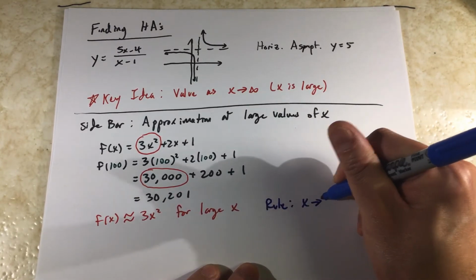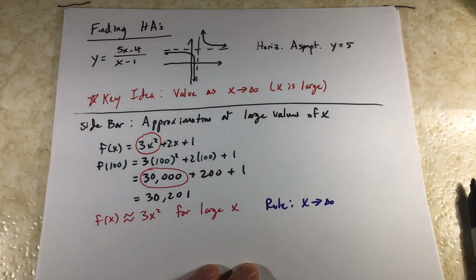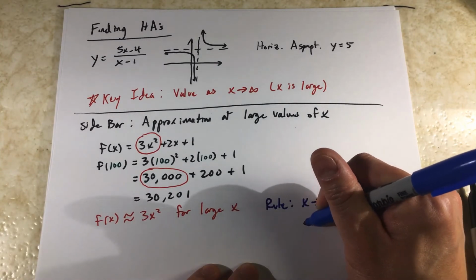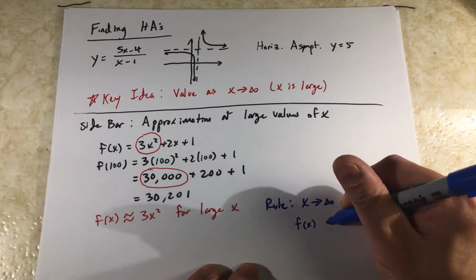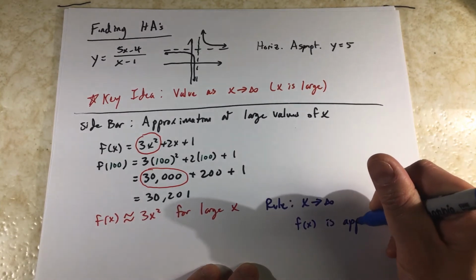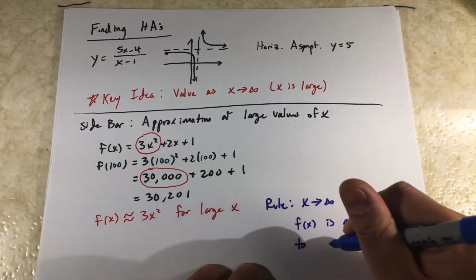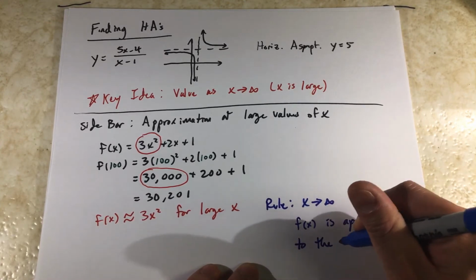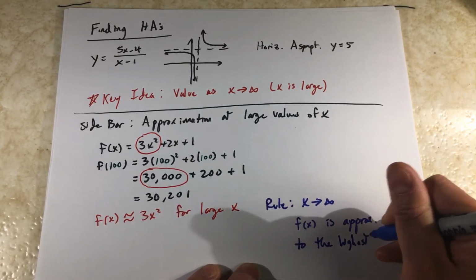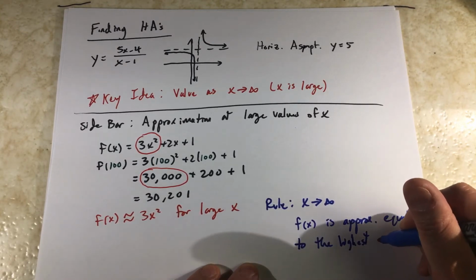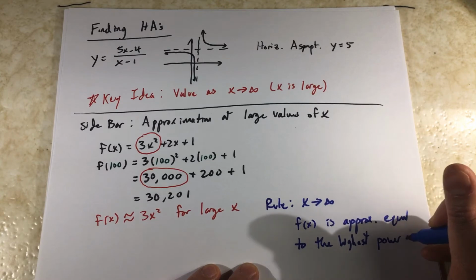So our general rule is, as x approaches infinity, which basically means x is really big, we're going to say f of x is approximately equal to the highest power of x term.